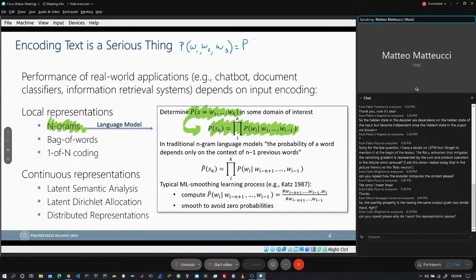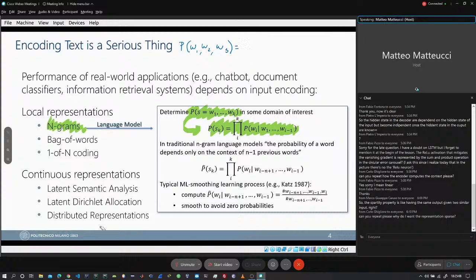Let me write it the other way around, which is easier to see the chain rule.